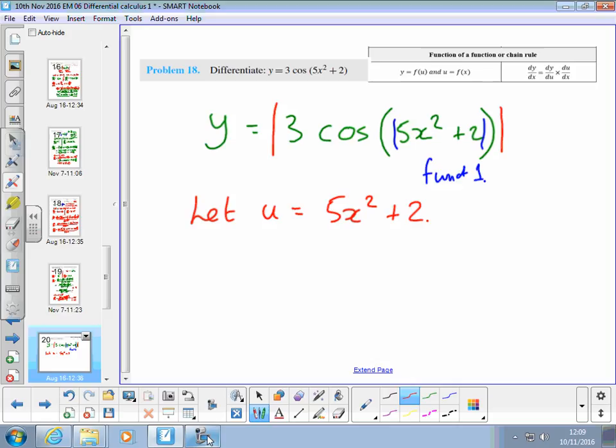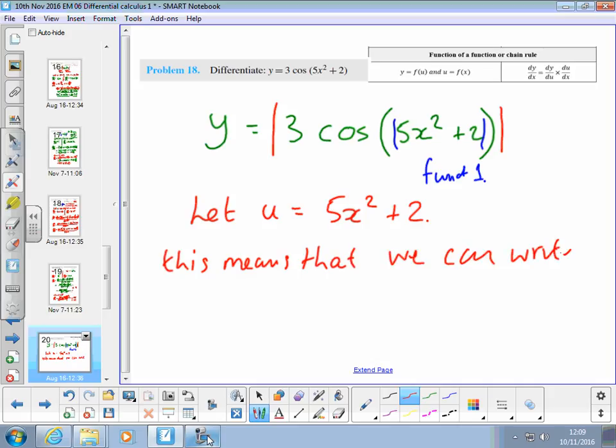This means we can write, and I'll do it in a different colour, y is equal to 3 cos u.